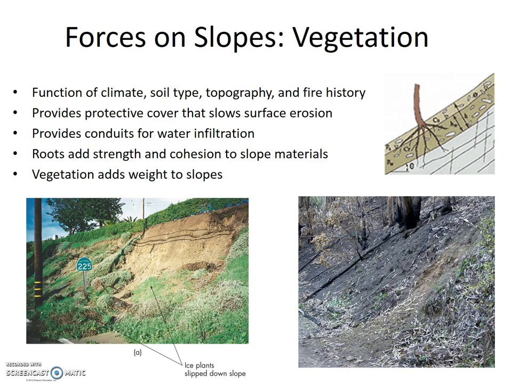See it? Finally, the bottom left image shows plants that are not helping the slope stay intact. These ice plants have fairly shallow roots and may have even required irrigation. They added enough weight to cause mass movement on this slope.